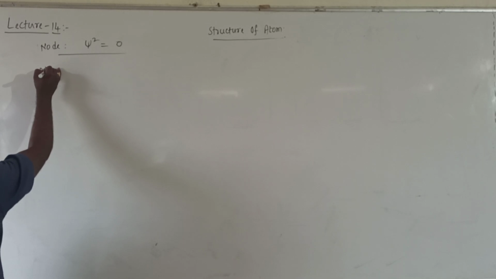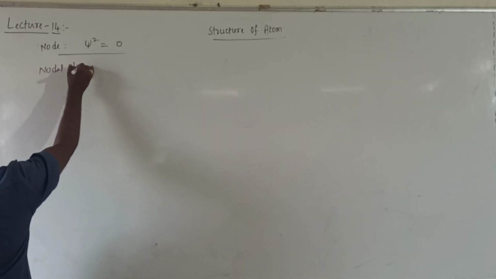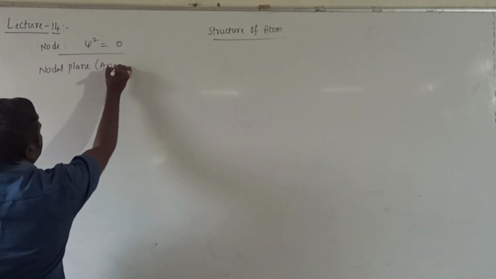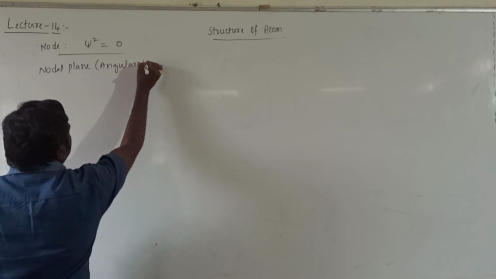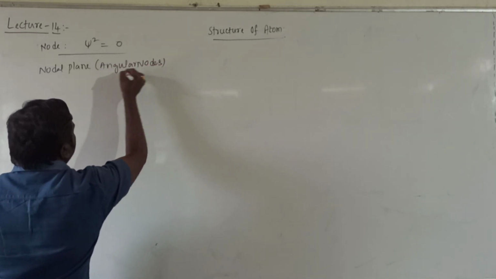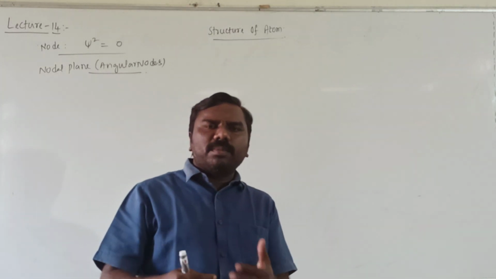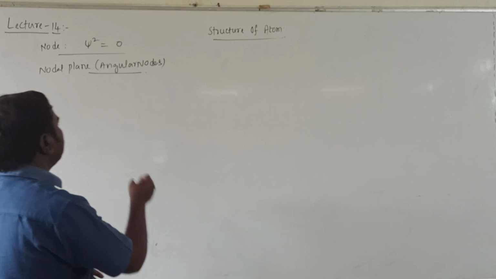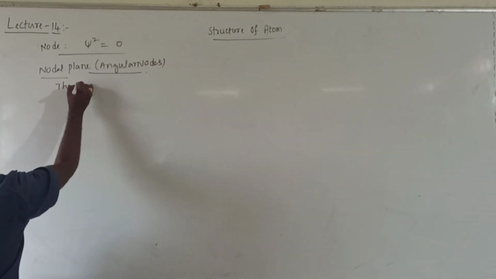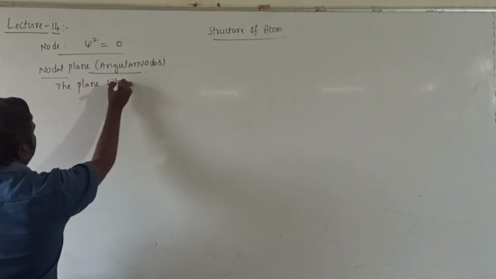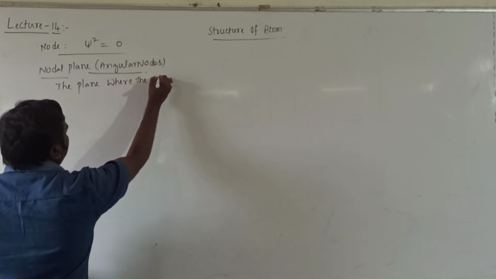Nodal plane, also called angular nodes. Angular nodes, very very important. Nodal plane means the plane where the probability of finding an electron is 0.